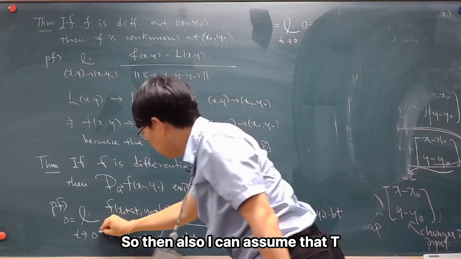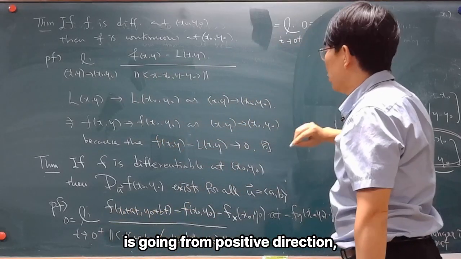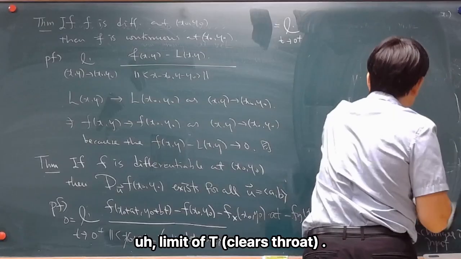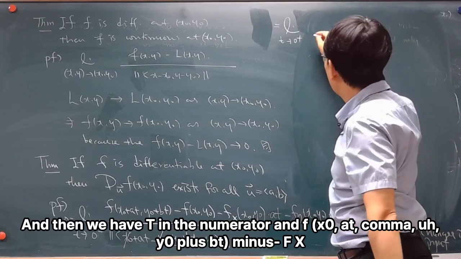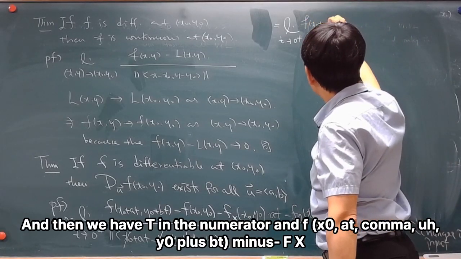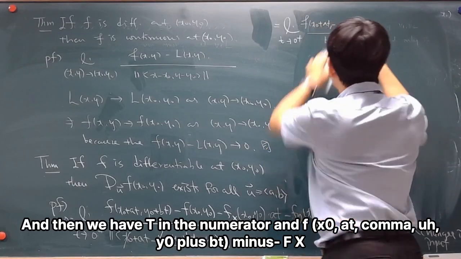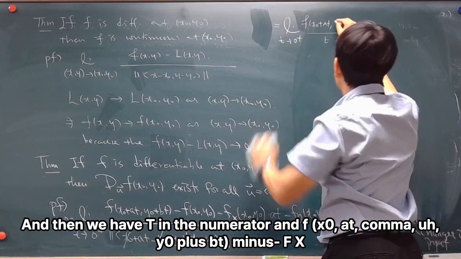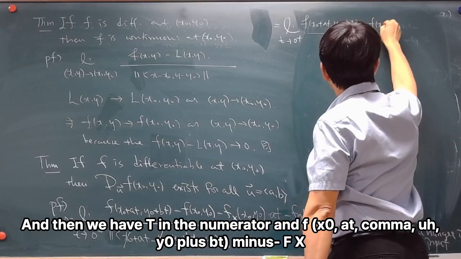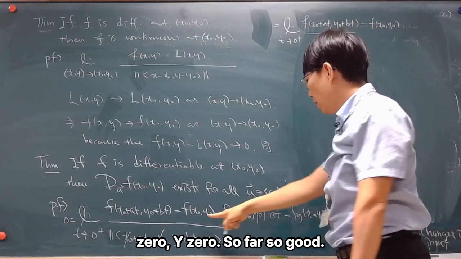And also I can assume that t is going from the positive direction. So we have the limit of t in the denominator and, in the numerator, f(x0 + at, y0 + bt) minus f(x0,y0), minus the linear terms. So far, so good.